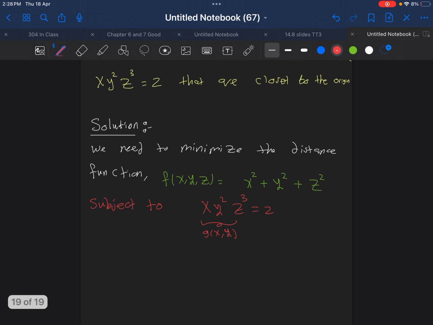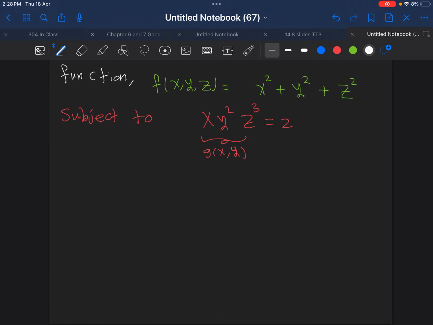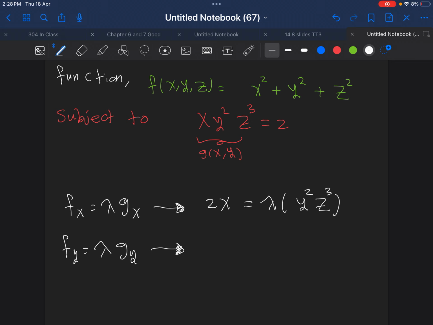So we have this question here. And if we use Lagrange multiplier, again, we have to write a set of equations. The first one is fx equals lambda gx, which will give me directly 2x on the left equals lambda times the derivative of g, which is y squared z cubed. Fy equals lambda gy, and that will give me directly 2y equals lambda times 2xy z cubed.